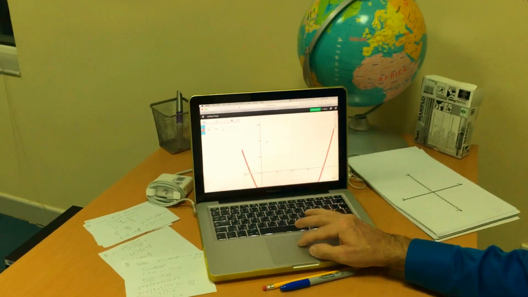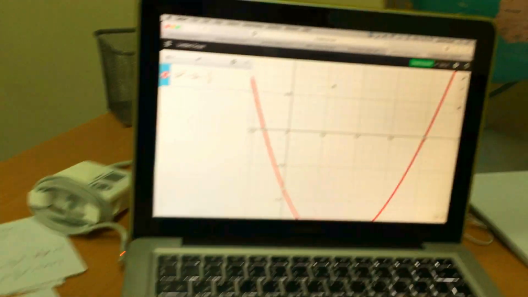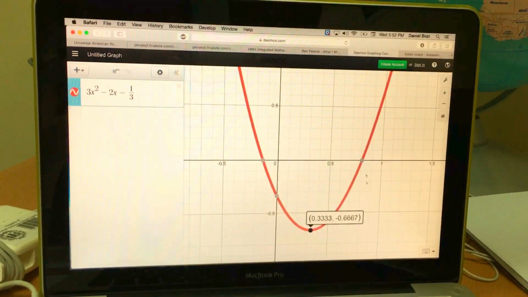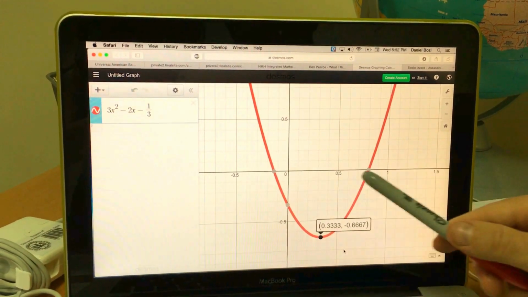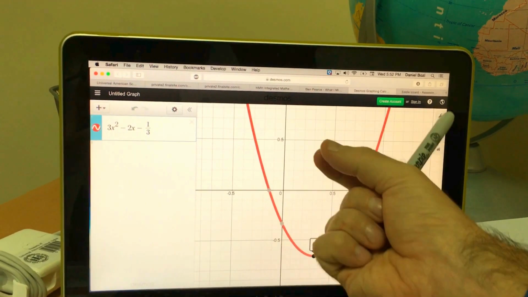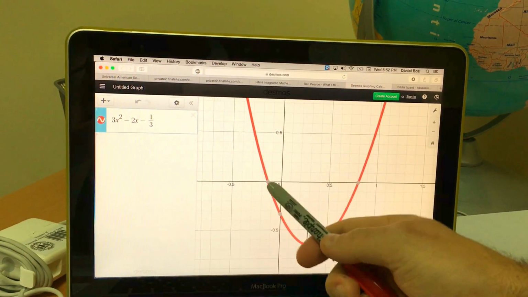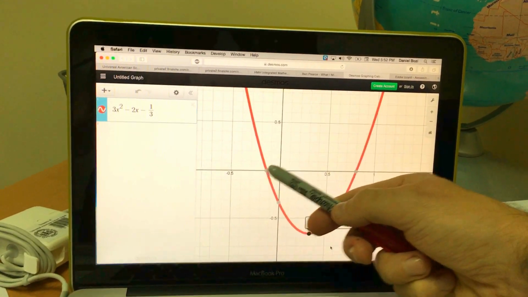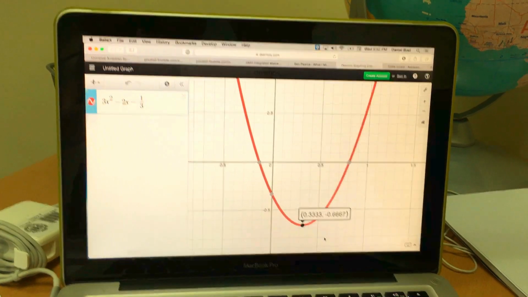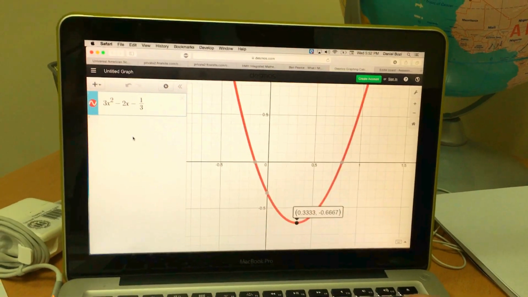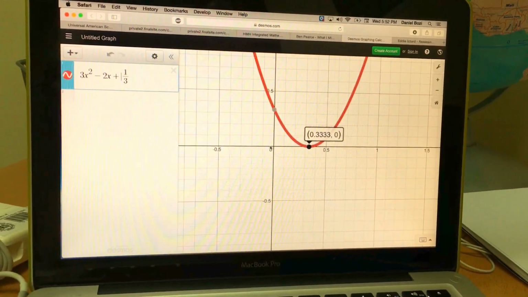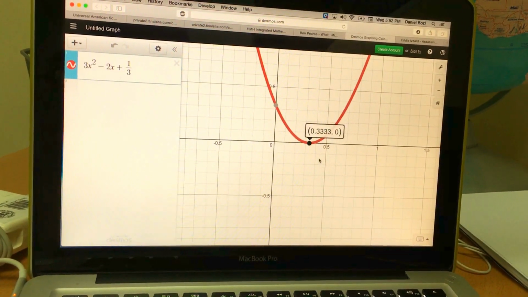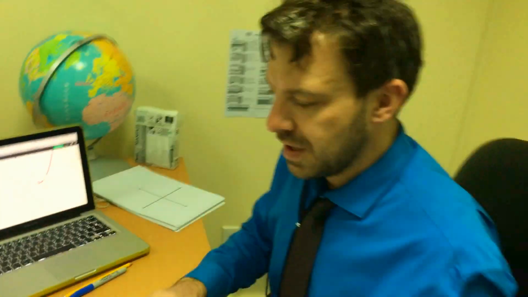Let's say I have a c value of even less. I put in negative 1 over 3. Then you see that the parabola is cutting the x-axis in two values. This is like dragging the parabola down so that I have 2 points that cross the x-axis. If I am increasing my c here, it only touches the x-axis once, exactly on this point. And that was the answer we were looking for.